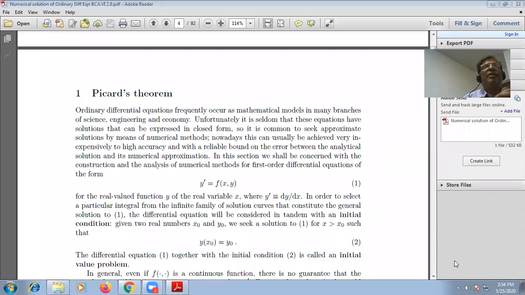Here on your screen is Picard's theorem. Picard's theorem is Picard's method. Again, we are going to see how ordinary differential equations are used in your numerical analysis, in your numerical computation.